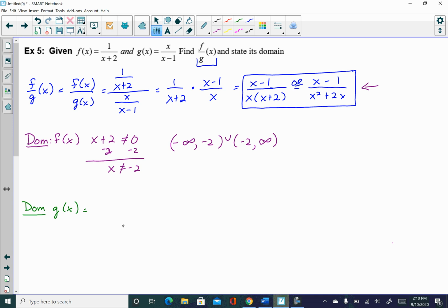I'm just focused on the domain. I just need to set the denominator. x minus 1 cannot equal 0. So now from here, add 1 to both sides. So now we know x cannot equal positive 1. So now we're picking up a new domain restriction from -infinity to 1 and 1 to infinity.